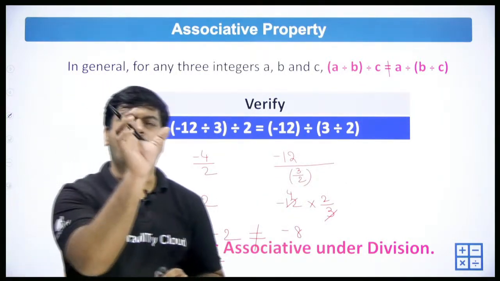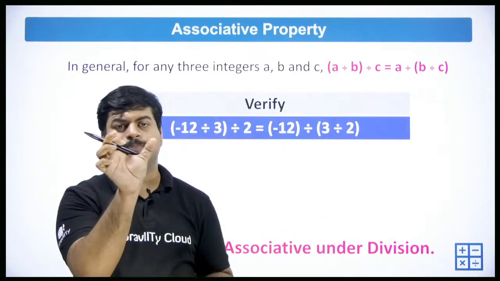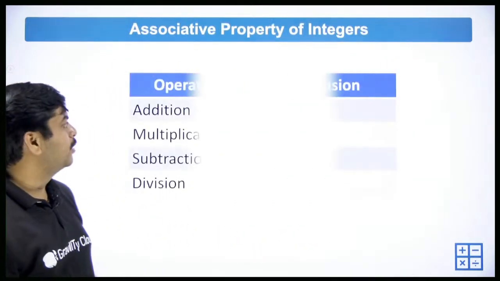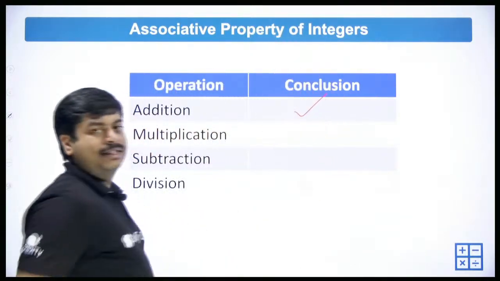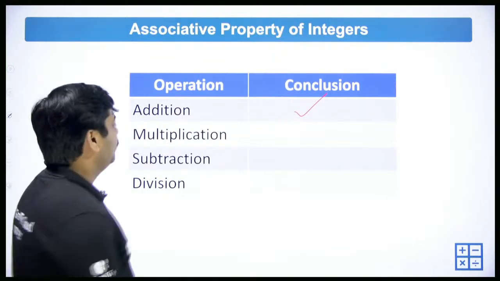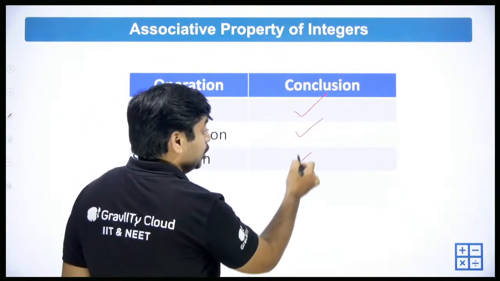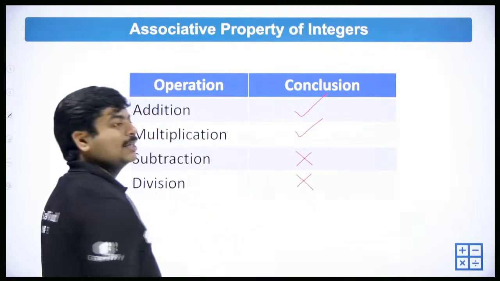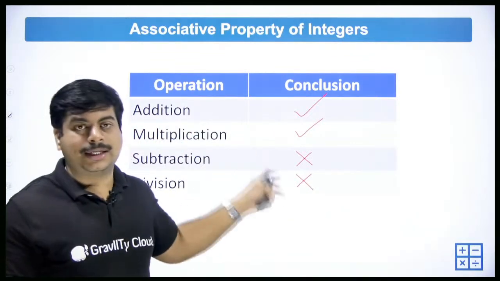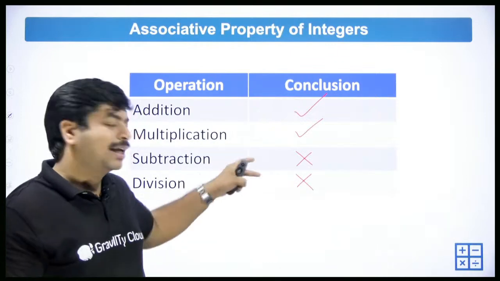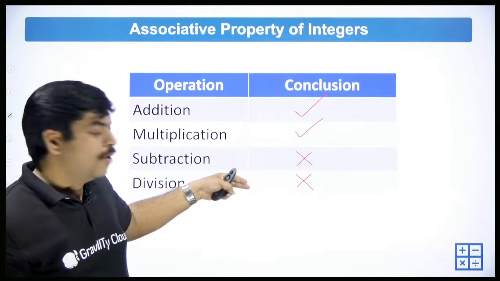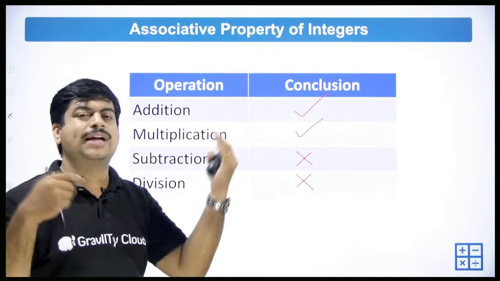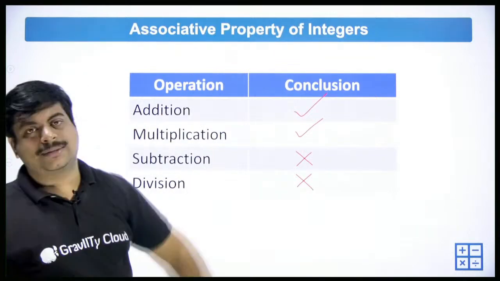So let us try to keep all these 4 together for associativity. Addition we discussed, yes, it is correct, the relation is satisfied. Multiplication correct. Subtraction no, and division also no. These two are not satisfying the associative property. These differences come when you have negative and positive numbers in the case of subtraction, and when you are dividing a fraction by a fraction.